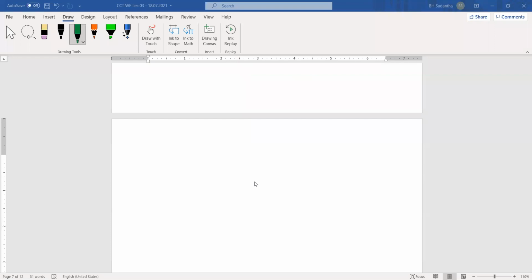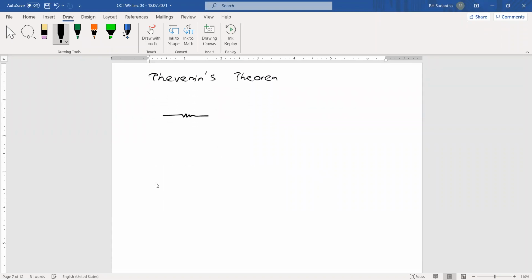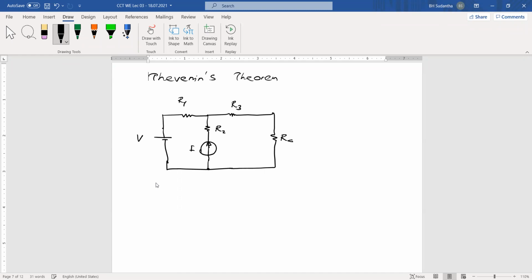This theorem says to us, Thevenin says if you have a circuit something like this, okay, this is V, and this is I, this is R1, R2, R3, R4 like that.